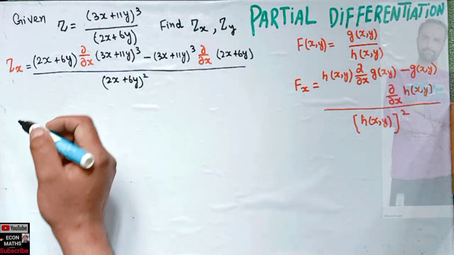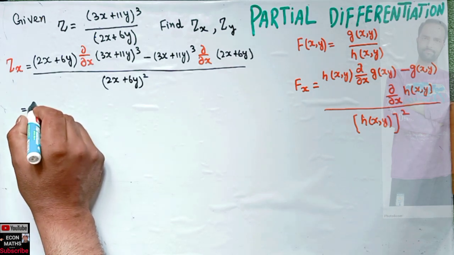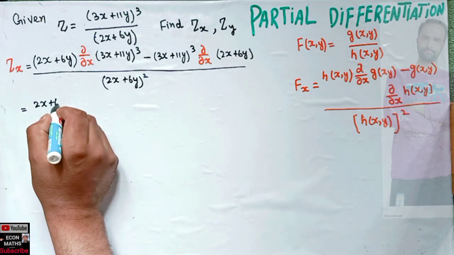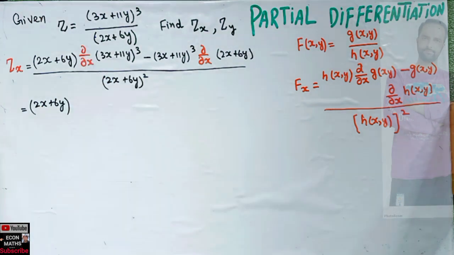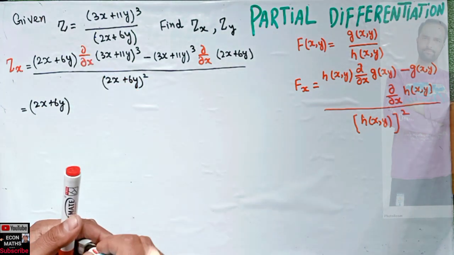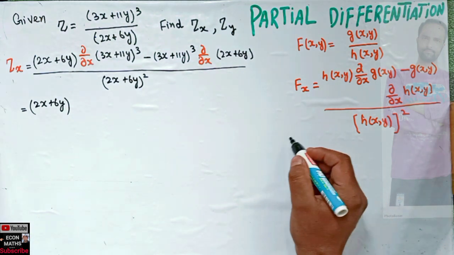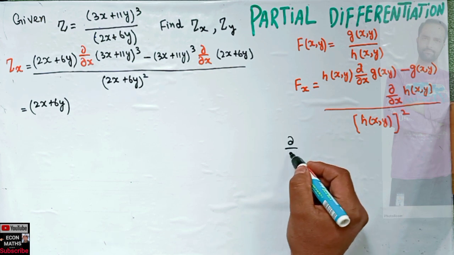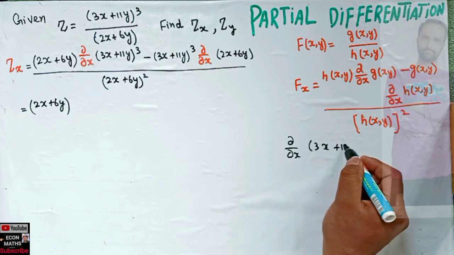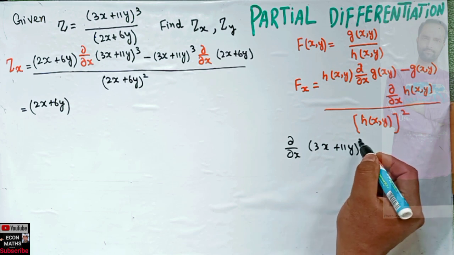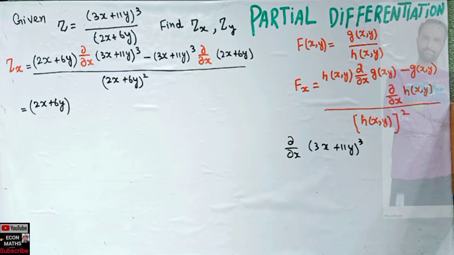Now doing our differentiation here, we have 2x plus 6y as it is. Now the derivative of this function d upon dx, I will write it here to make things easier. d upon dx of (3x plus 11y) cube will mean that we need to differentiate this function with respect to x.